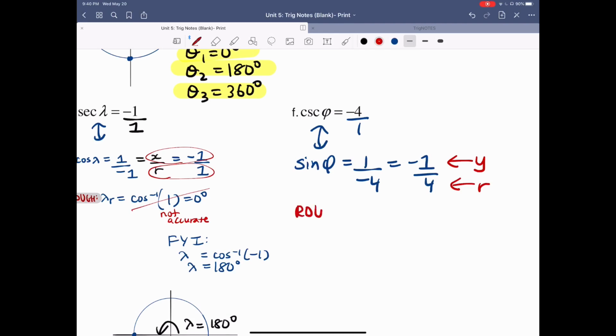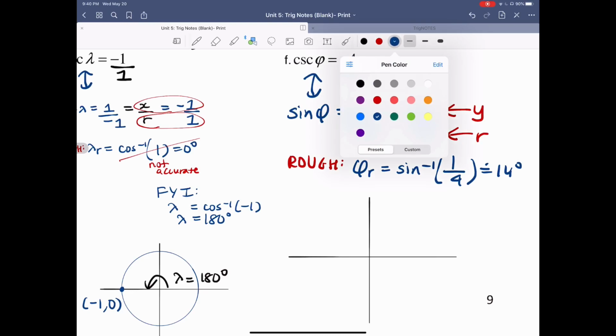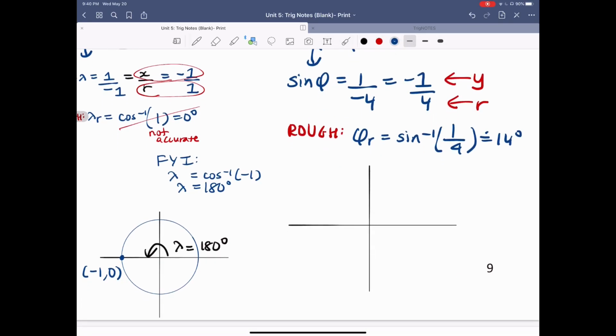As part of my rough work, I'm going to find the psi related acute angle. So sine inverse of just the positive, which is 1 over 4, and I get that the related acute angle is 14 degrees. Drawing my x and y axis, and when drawing my terminal arms, again, I always need my CAST.